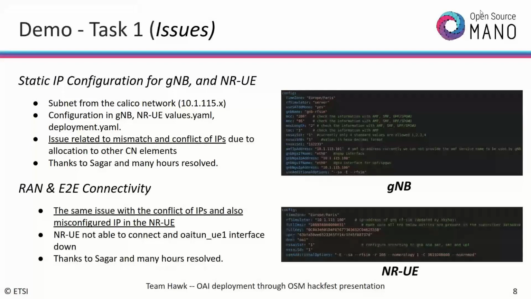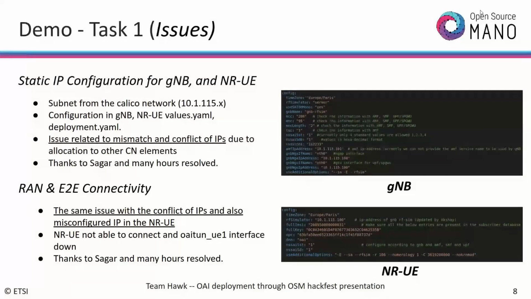Then we had to make some changes in the values and deployment YAML files. That was one of the main issues, and Sagar and many others tried to help us, and eventually we resolved this issue with respect to the static IP configuration.